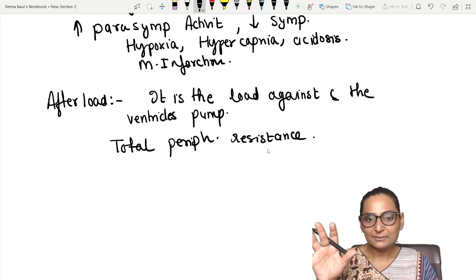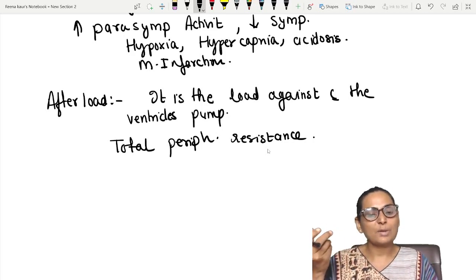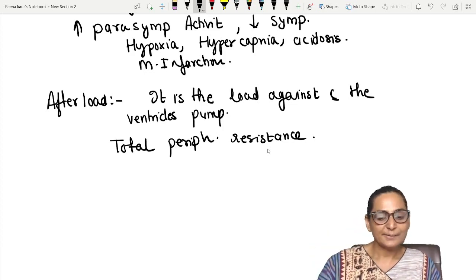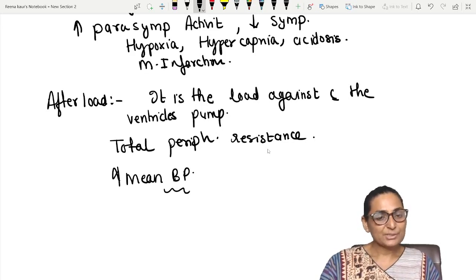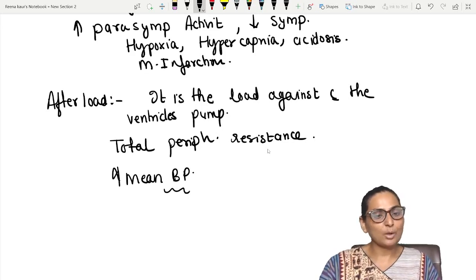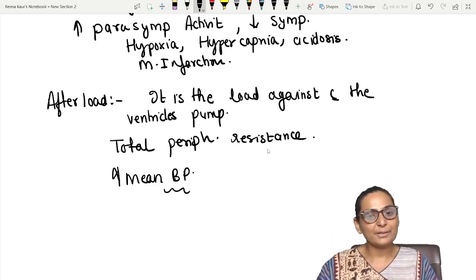You remember that, isn't it? Now suppose there is stenosis of the aortic valve, aortic stenosis, or if there is an increase in the mean blood pressure. What will happen then? The pressure of the aorta is increased from a normal 120 by 80 to about 150 by 100.